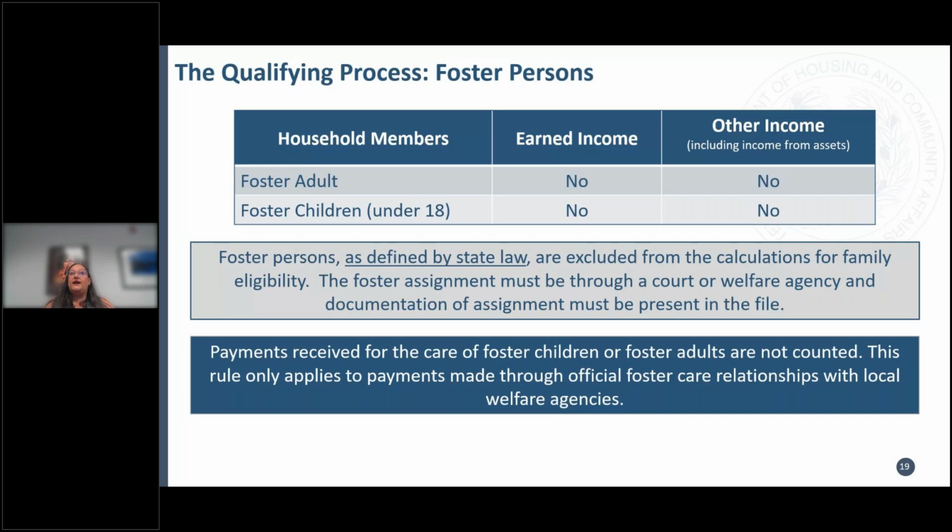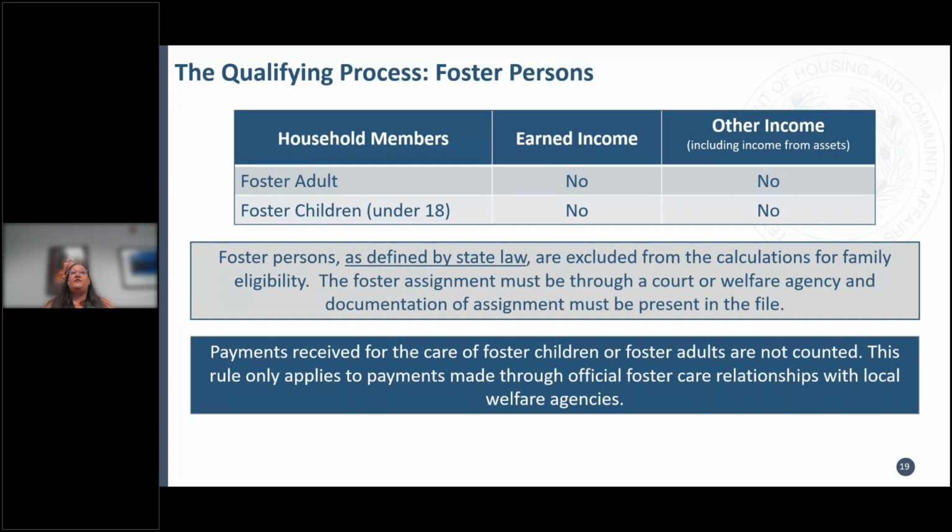So if I apply at your community and I tell you, oh, my nephew lives there, I'm fostering him while my sister is out of the country for a year for work, that's not a foster arrangement. That is me taking care of my nephew while my sister is out of the country or off on a job or doing whatever it is she's doing.